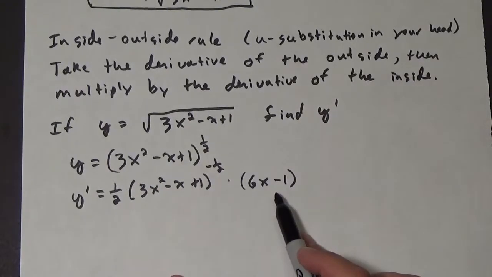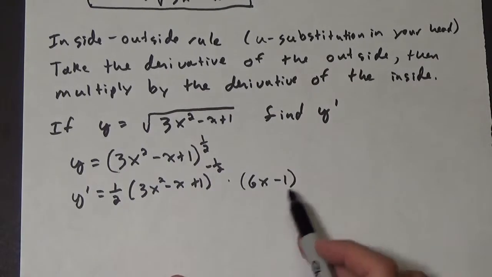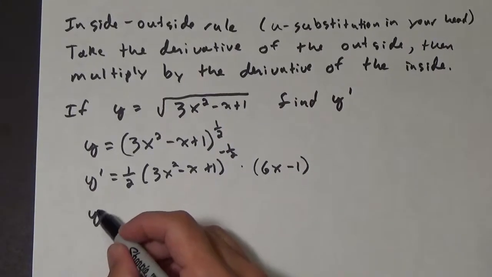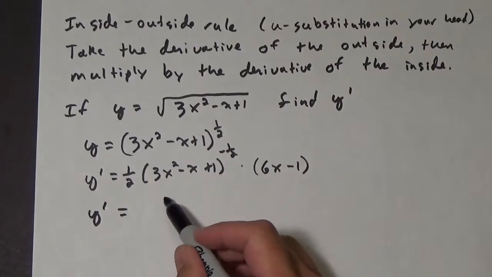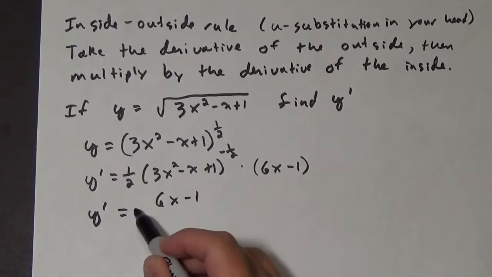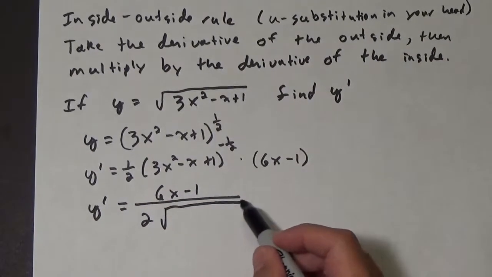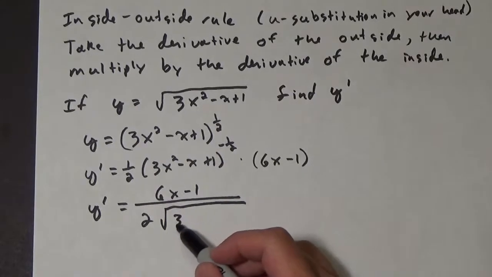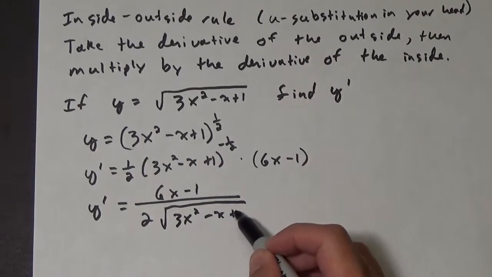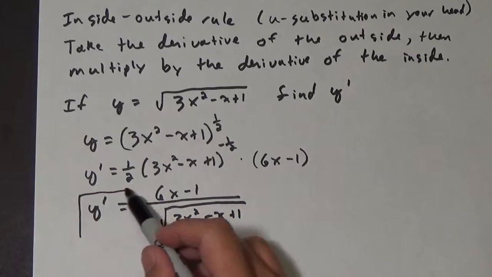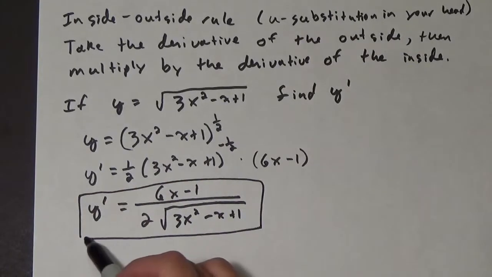Then we took the derivative of the inside. And so we end up with y prime is going to be 6x minus 1 all over 2. You know, you got the negative 1/2, so that's just the square root in the denominator, 3x squared minus x plus 1. And we were able to find the exact same derivative.